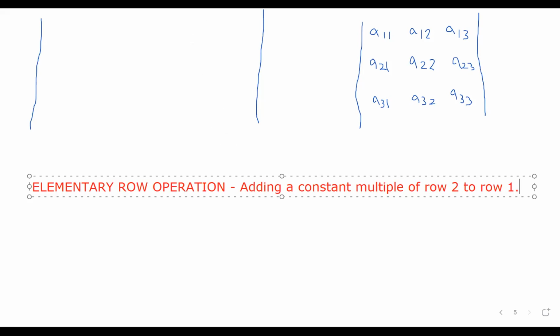First, what is the matrix you get by adding a constant multiple of row 2 to row 1? The effect of this is to change row 1. The row after the word "to" is the row affected by this elementary operation. So the only row that's affected is row 1, and rows 2 and 3 stay the same.